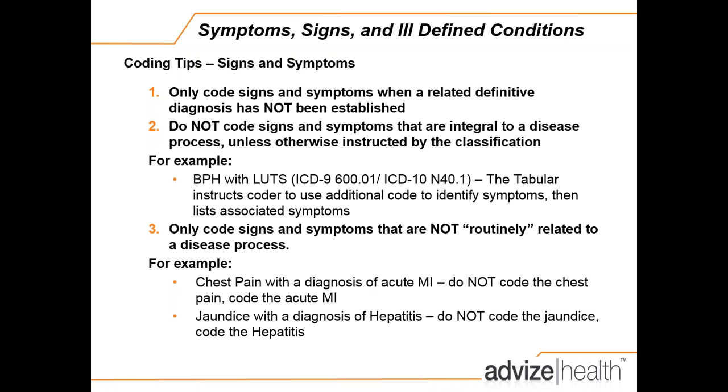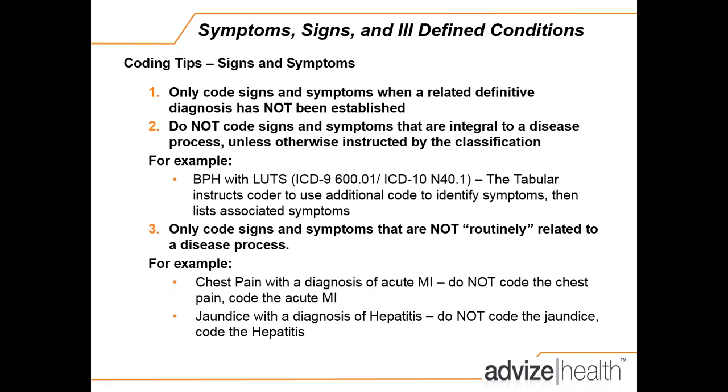So for BPH with LUTS, we want to make sure that we know which one we code first as the identifier for the code. That's basic coding guidelines, nothing different than what you're already doing.